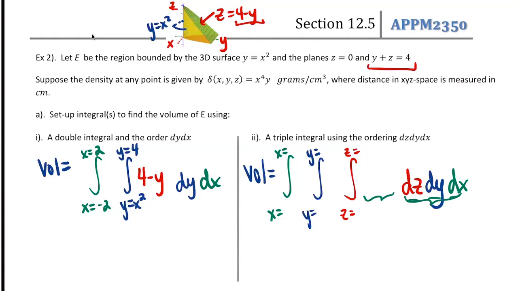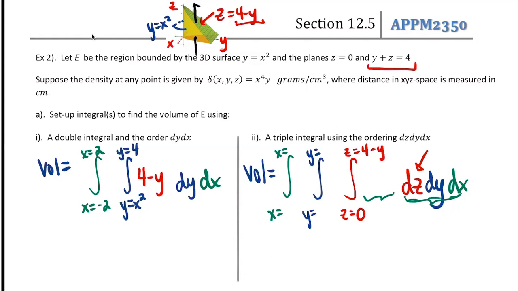Okay, so to figure out my bounds, I look at the inside variable first. If I'm integrating with respect to z first, it means I'm going to shoot an arrow through this region with x and y frozen and see where it enters the region and where it exits. We can see it's going to enter along the xy plane when z is 0, and it's exiting along the top plane, 4 minus y.